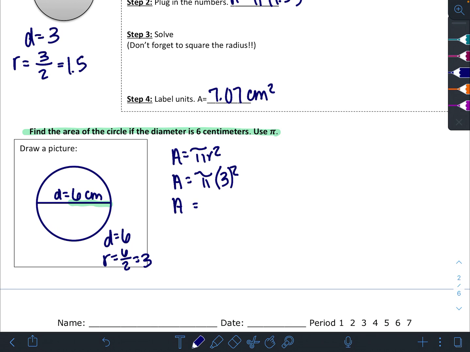So you have to make sure that you are taking your time, which I was kind of rushing, and use the correct numbers that it's asking for, because I would have given you the completely wrong answer here. So your area actually is 28.27 centimeters squared, because my radius is 3, my diameter is 6. So make sure that you're using the correct numbers.